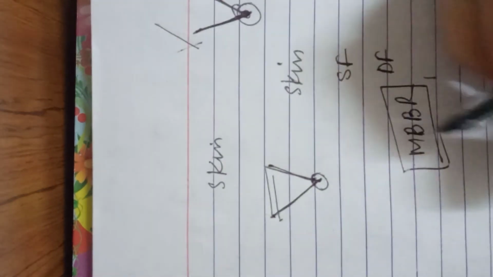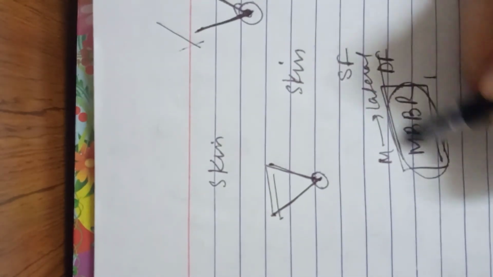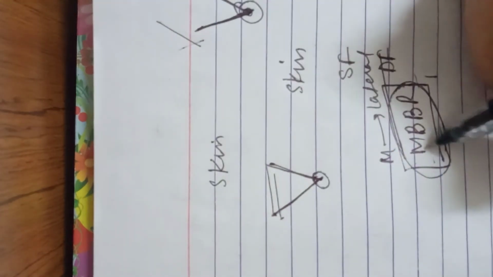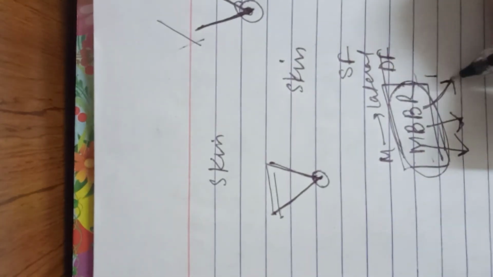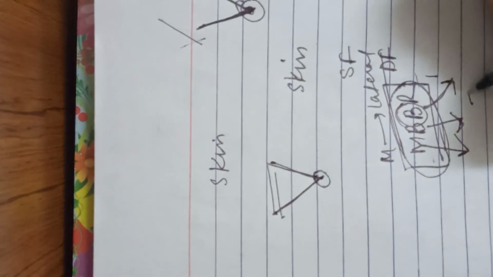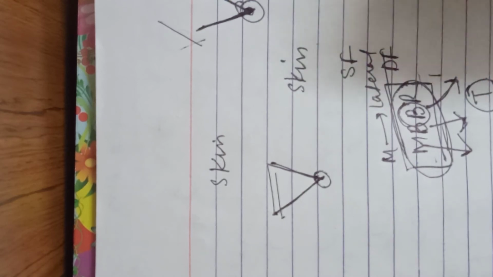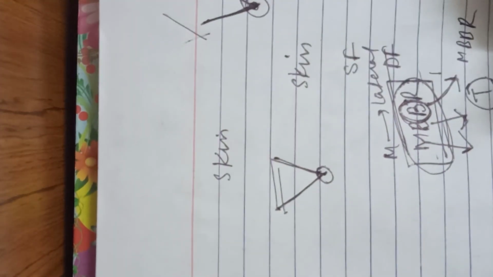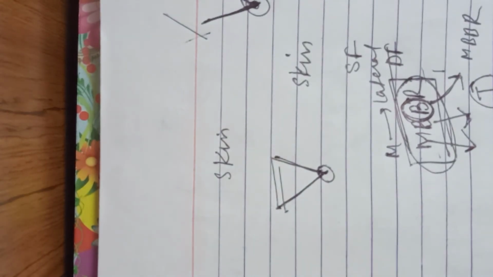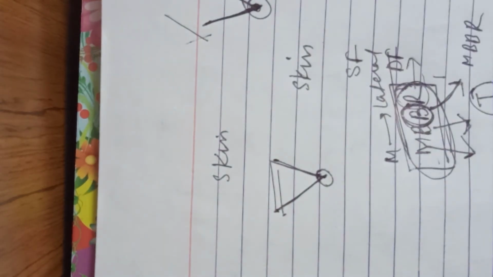MBBR means, from the medial to the lateral side, the four structures we come across: the median nerve, then the brachial artery, then we can say this B as T also, because the T represents the tendon of the biceps brachii, and B represents the biceps brachii itself. So no worry, we can say it MBBR or MBTR. Then the last one is the radial nerve. These are the contents of the cubital fossa.